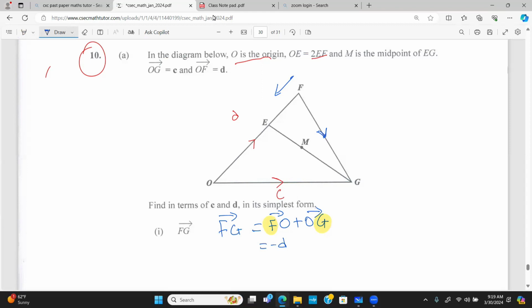We got OF, which is D, and now we're coming from F to O. It's the opposite direction, so we have to change the sign. Plus OG remains the same, C. So that is FG.